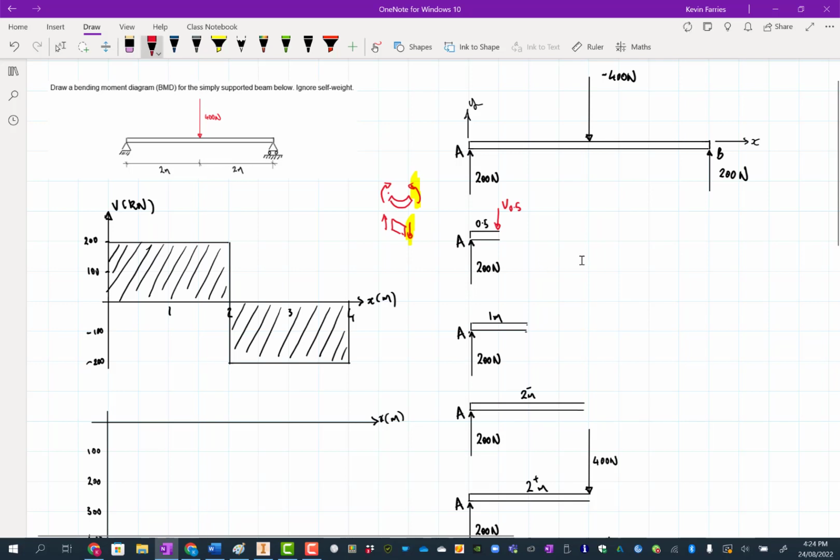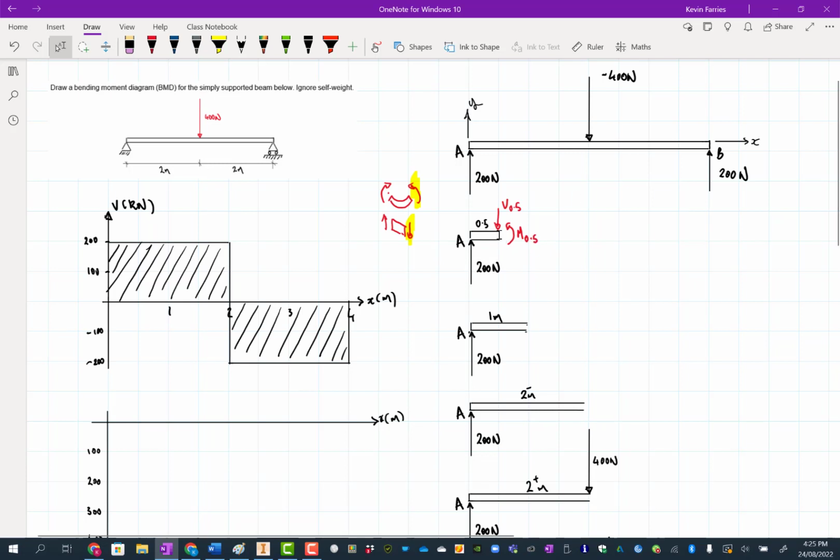The reason I'm drawing that on is because it's important for the moment as well, and it means that I can take moments about either of these points. I could take the moment about the 0.5 meters position here, or I could take the moment about this point. The sum of the moments is equal to 0 about A, or the sum of the moments is equal to 0 about here, and it'll still work. If I don't draw this on, it won't work. So it just stops you getting confused.